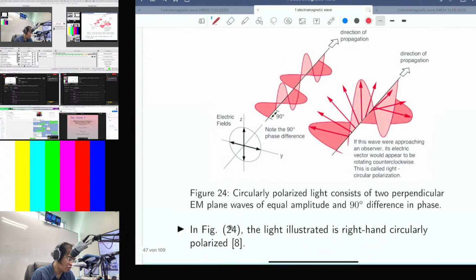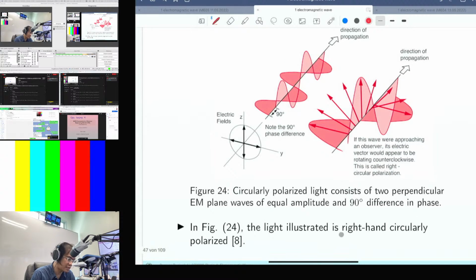In figure 24, the light illustrated is right hand circularly polarized. Right hand because if you are the person who observes here and you watch this E field from the bottom, you can see that the E field rotates like this, right?